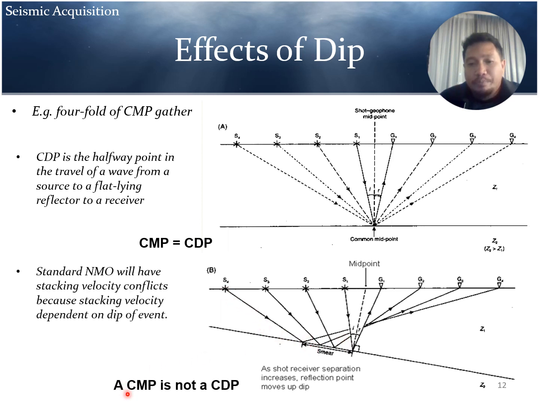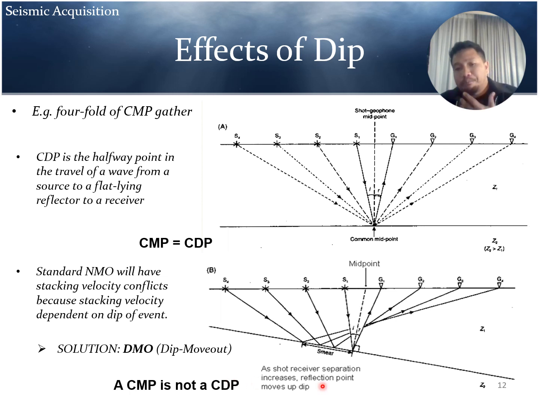That's why CMP is no longer equivalent to CDP. So the next correction we need to do is dip move out instead of normal move out. We need to do dip move out for the CDP correction, so that everything will peak at the same reflection point. After we do the dip move out, we will get the same reflection point regardless of the situations underneath.